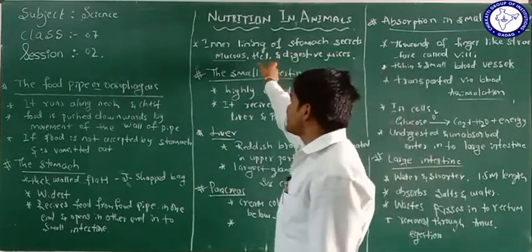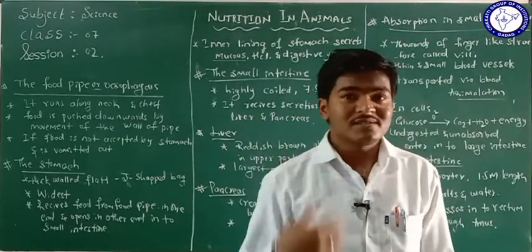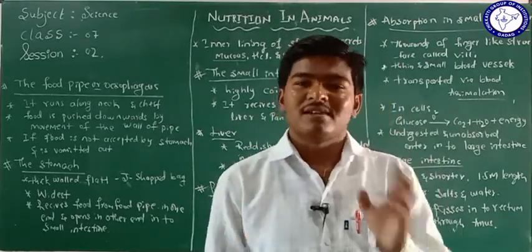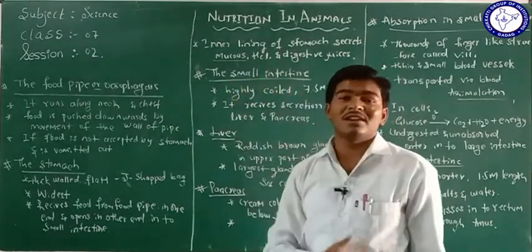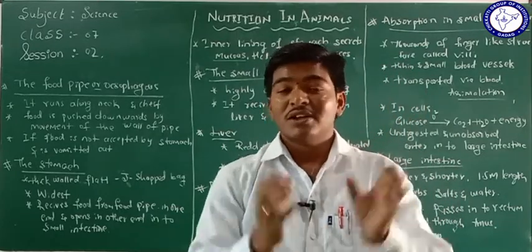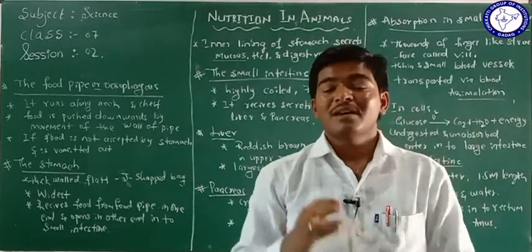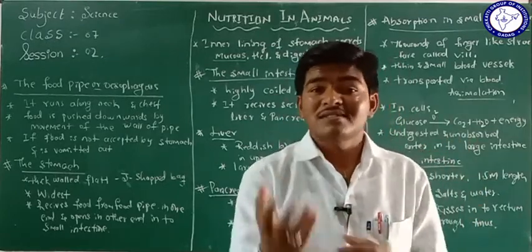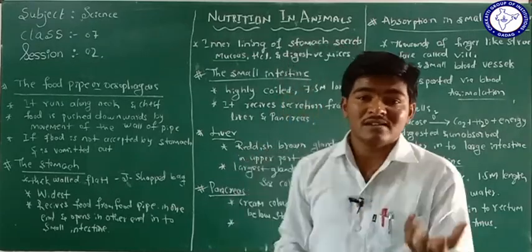And hydrochloric acid. So here one question arises in your mind: is acid present in our stomach? Yes, one of the most dangerous acids, hydrochloric acid, is present in our stomach. Why is it present? What is the work of the hydrochloric acid? Sometimes some bacteria or infectious agents enter into our food, and that food enters into our stomach.